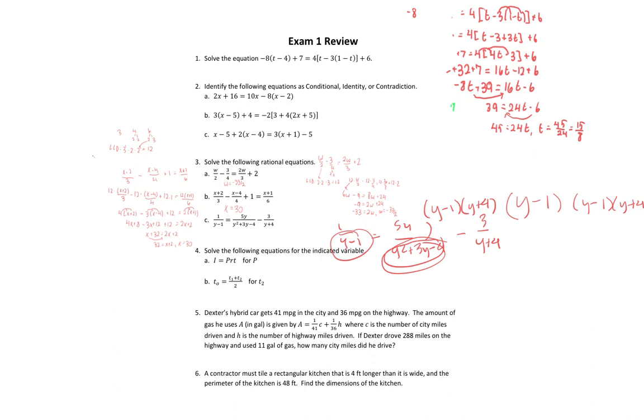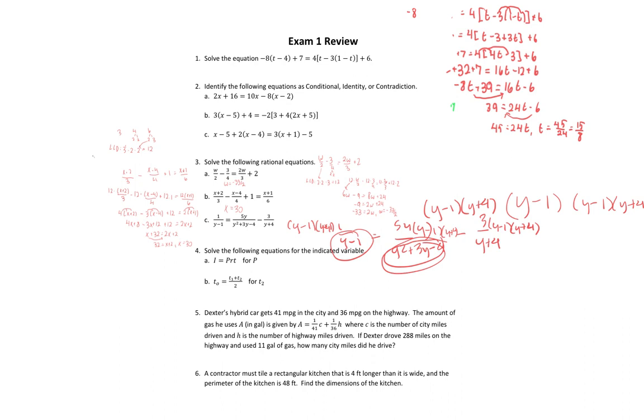So if we do that operation, we can come over here and say this is y minus 1 times y plus 4, and then this is going to be y minus 1 times y plus 4, and then this is going to be y minus 1 times y plus 4.